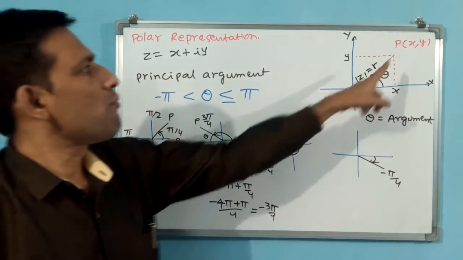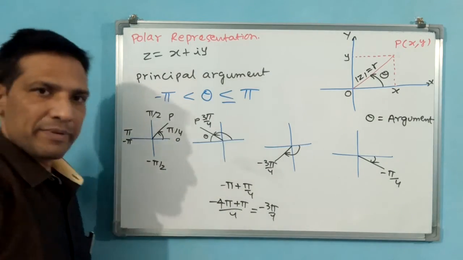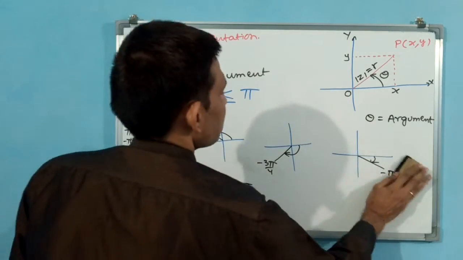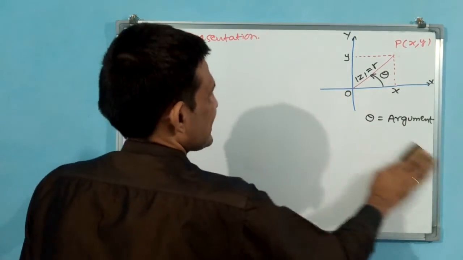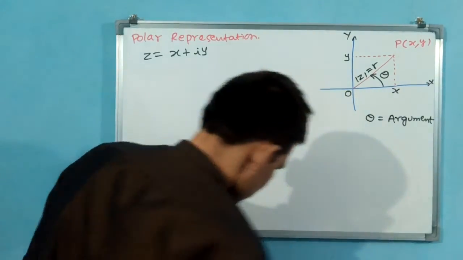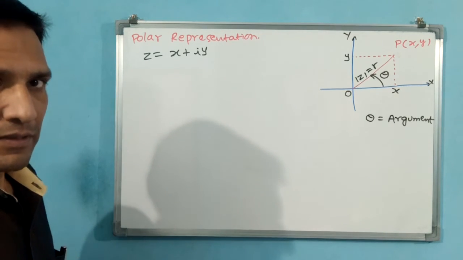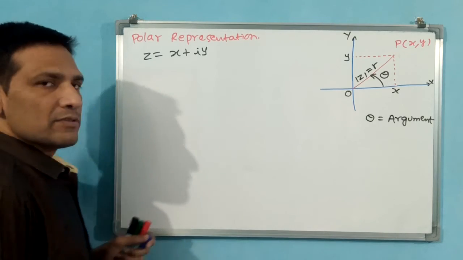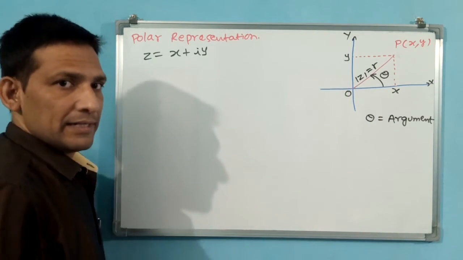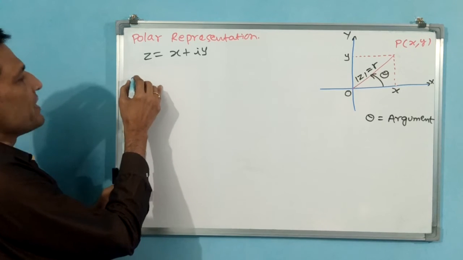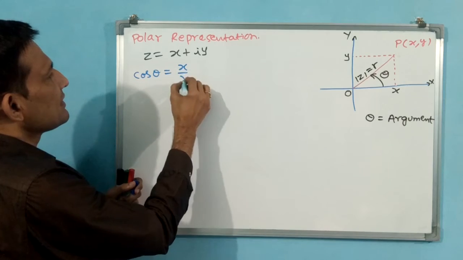See what are these point P representation. Now we go for polar representation. How to represent in polar form. Now see, if you observe here this angle, we know basic geometry. Shall I write cos theta is equal to x by r? Why?